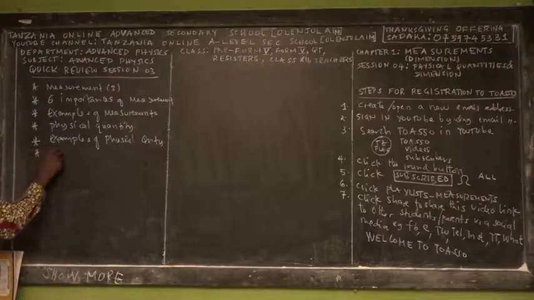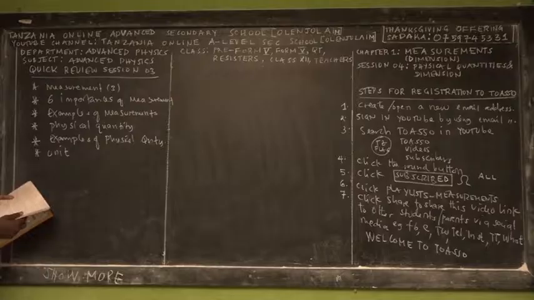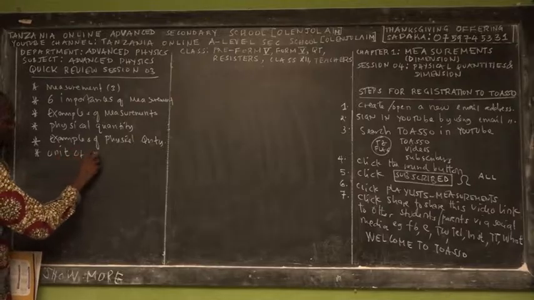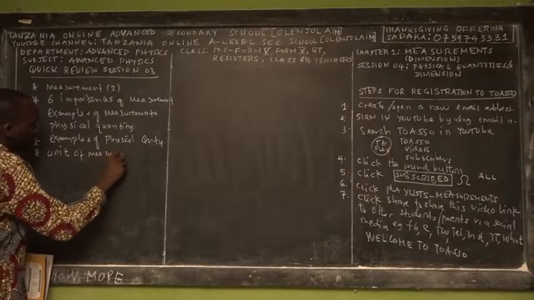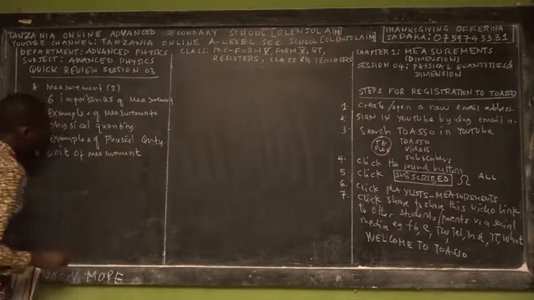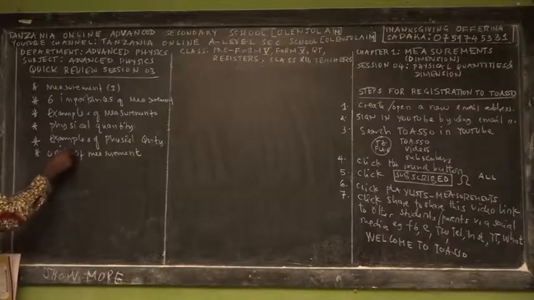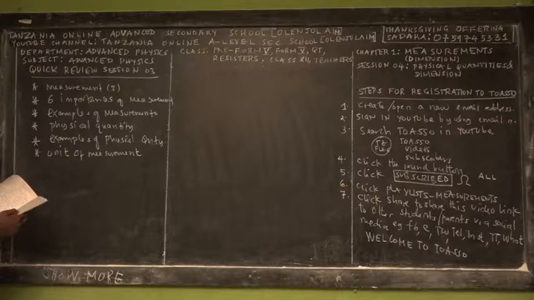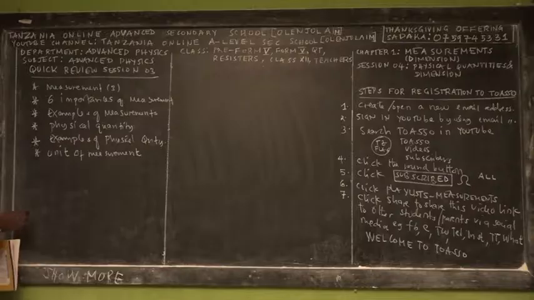Then we defined a concept called the unit of measurement, the last concept we taught you in the previous session. A unit of measurement provides a specific meaning to the magnitude of a substance. The magnitude of a substance is meaningless without a unit.